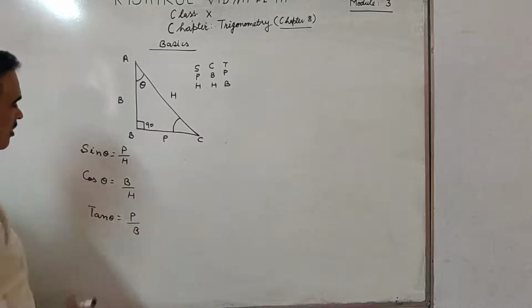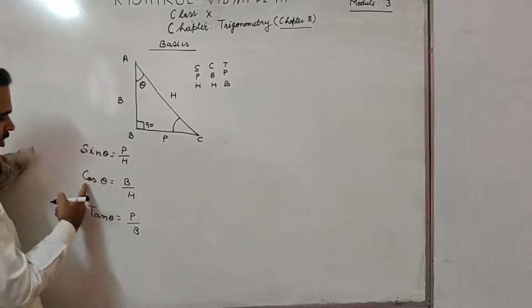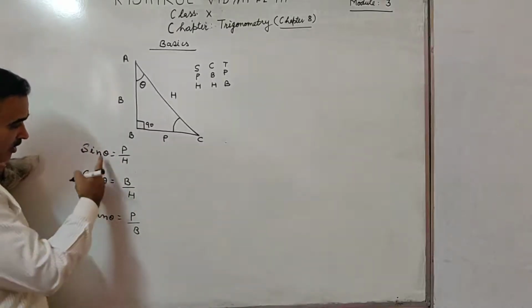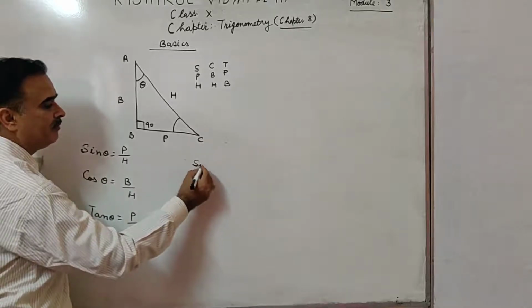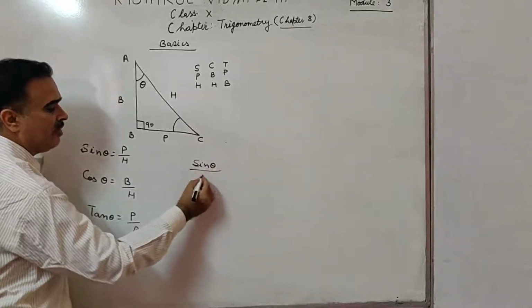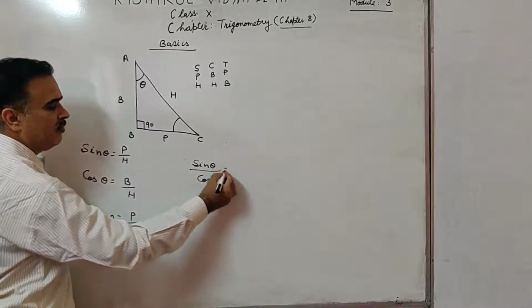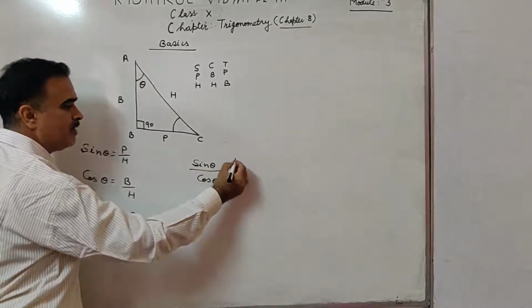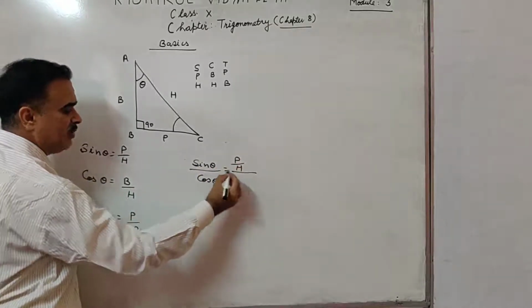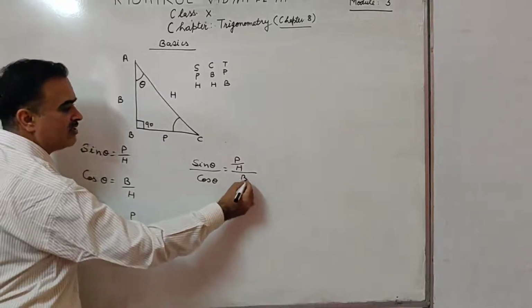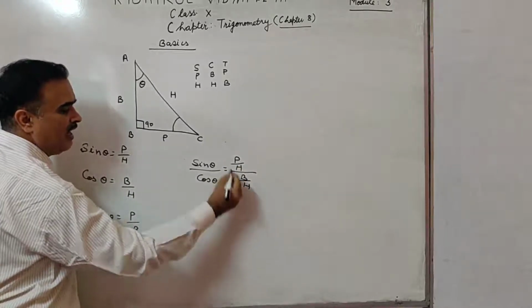You see, what is the relation between sine and cos? If sine theta is divided by cos theta, then what will you get? This is P by H divided by B by H. What will happen?